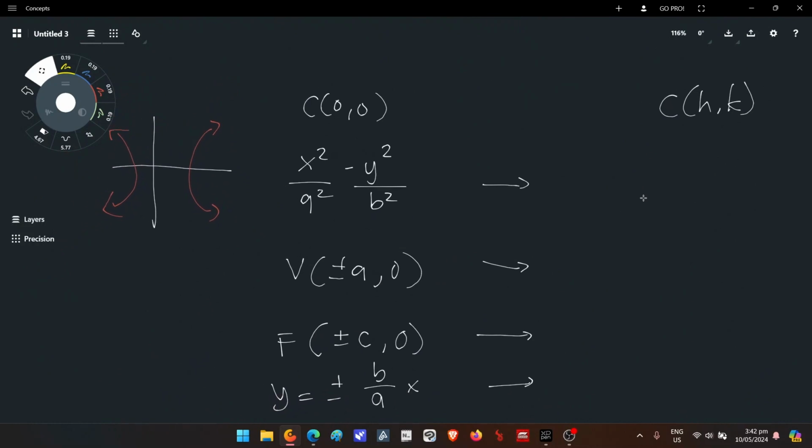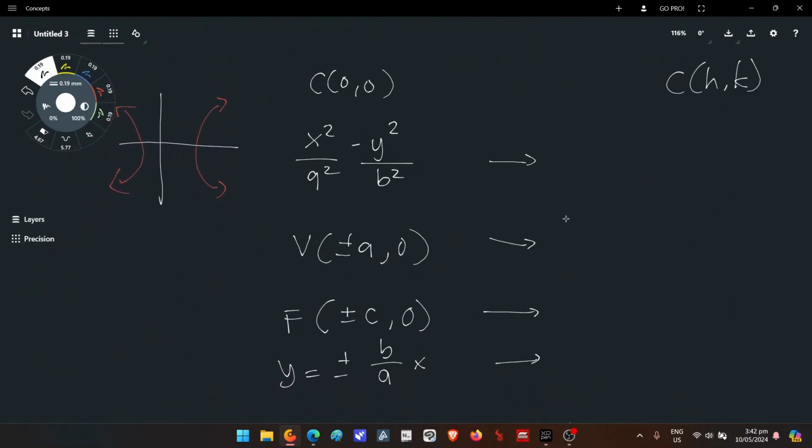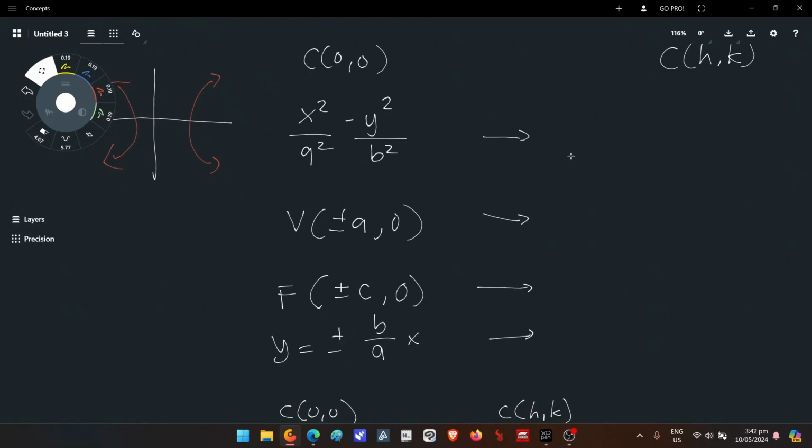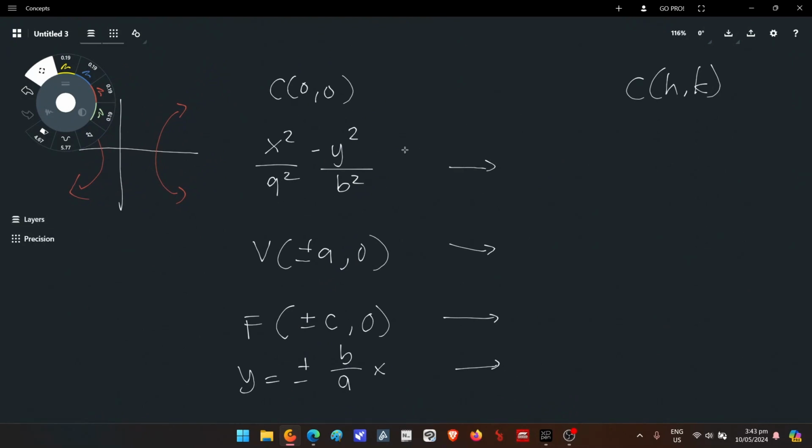Now let's move on. If the center is not at 0, comma 0, a good way for remembering this is just remember these formulas, and then we're just going to add h and k.